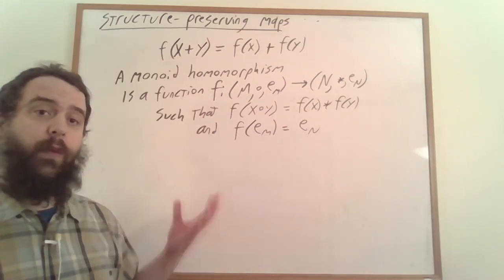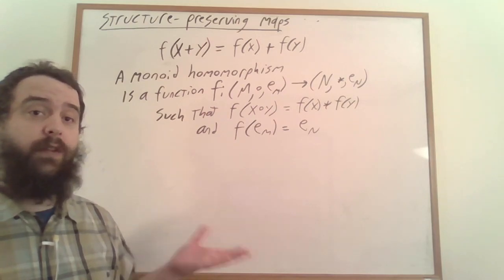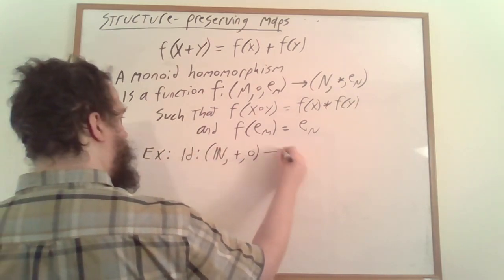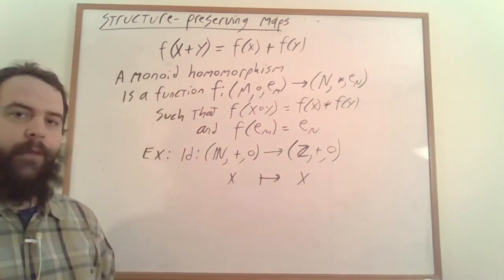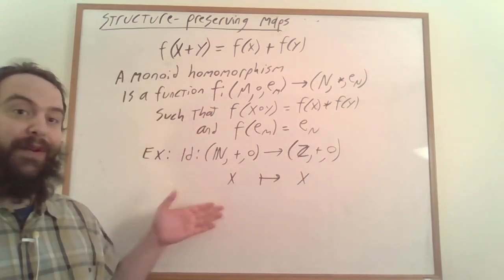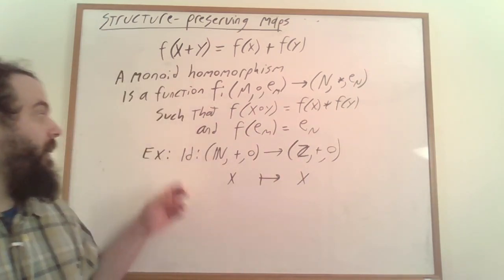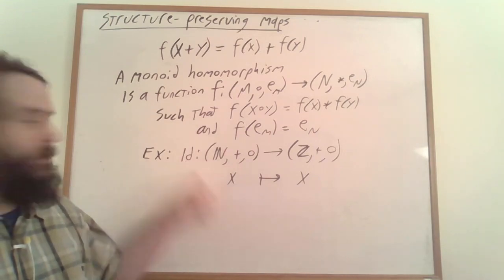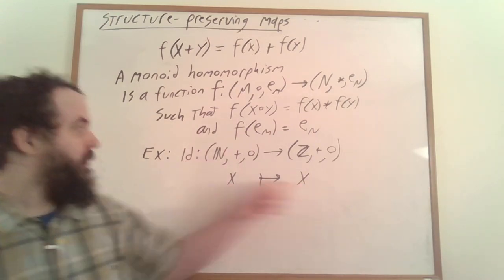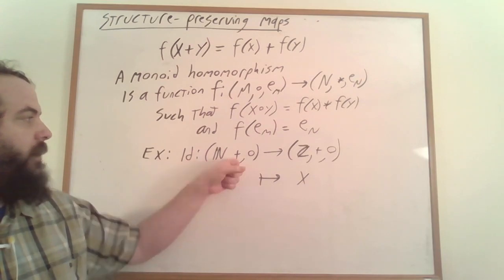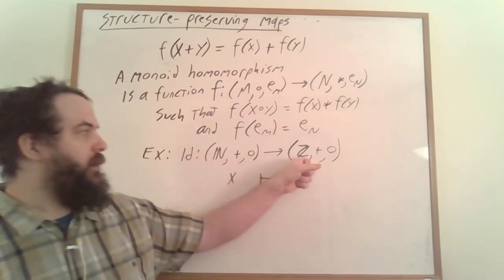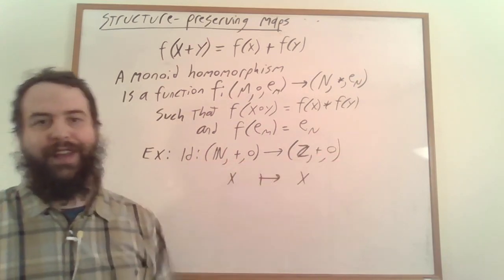Generally speaking, we want our homomorphisms to be onto. Let's take a look at a monoid homomorphism that isn't onto. Here we have the identity function, so f of x is equal to x, mapping from the natural numbers with addition and 0 to the integers with addition and 0.